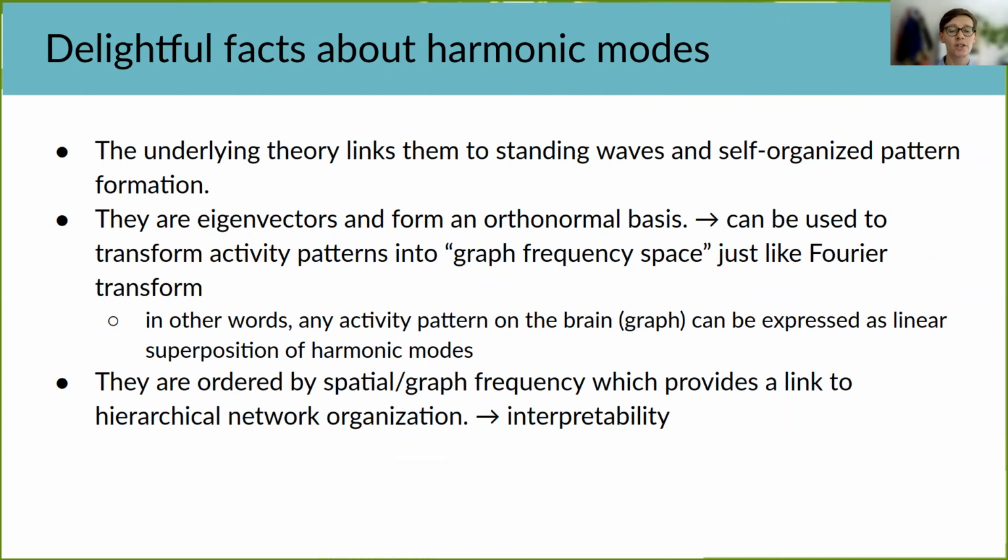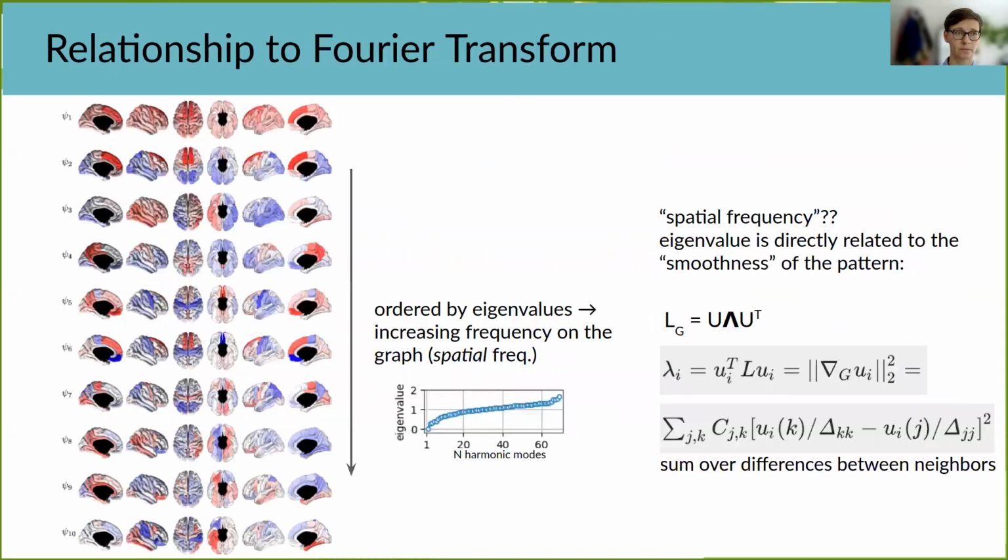They are eigenvectors and form an orthonormal basis, so they can be used to transform activity patterns into graph frequency space, just like a Fourier transform, but on graphs. So in other words, any activity pattern on the brain can be expressed as a linear superposition of harmonic modes, and they are ordered by spatial or graph frequency, which provides a link to hierarchical network organization, and that makes them very interpretable.